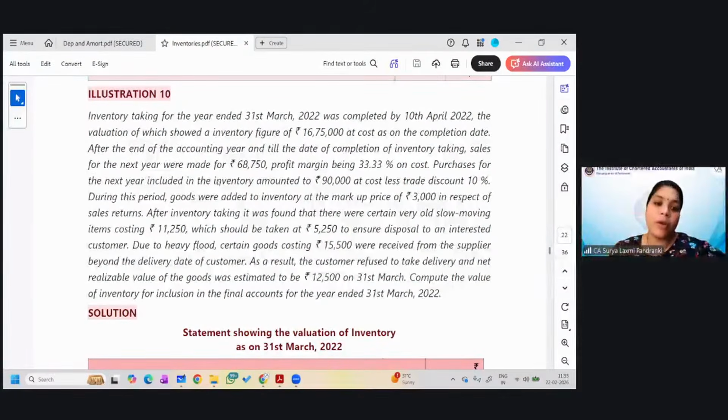What is the purpose is more important. Advertisement, selling, all these are incurred only after production is done. Something that is incurred after your production is done, your product is ready, is not under your trading account. In trading account, you will only take those expenditures which are required for your product to be manufactured.